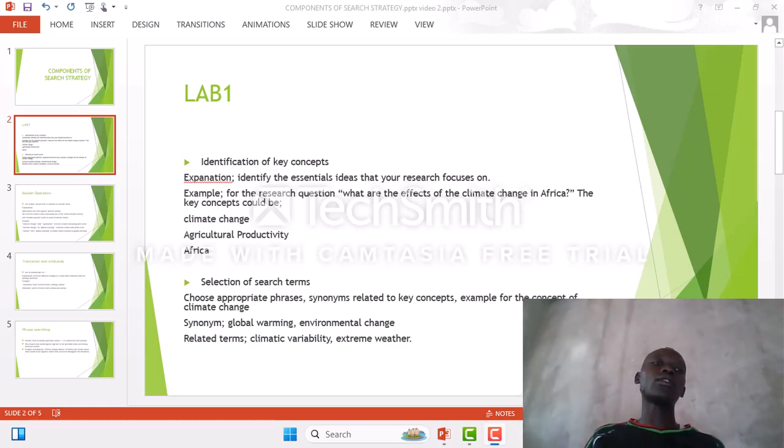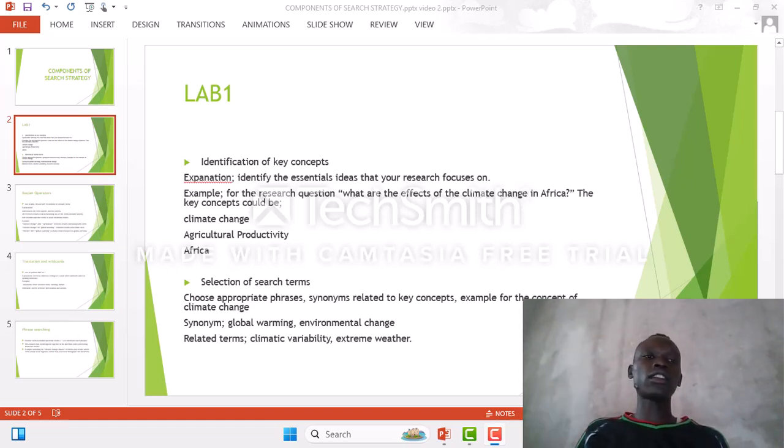So we just finished the introduction to search strategy. I'll be taking you through the components of search strategy. I told you what search strategy is: basically a plan or method we use to systematically find relevant information on a research question.